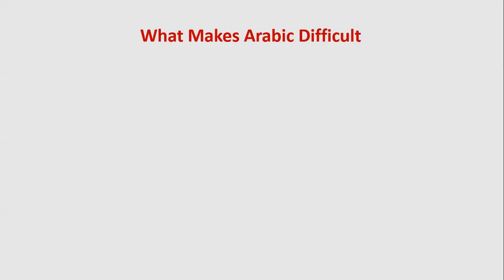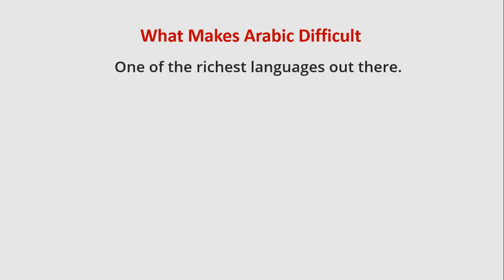Now, the last point for today's lesson is: what makes Arabic a difficult language? You may hear from people who are studying Arabic that Arabic is a difficult language. But why is Arabic considered a difficult language? Arabic is actually one of the richest languages in the world. And when I say richest, what's the meaning of that?